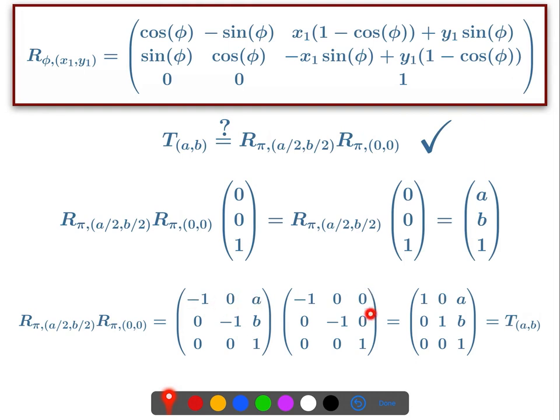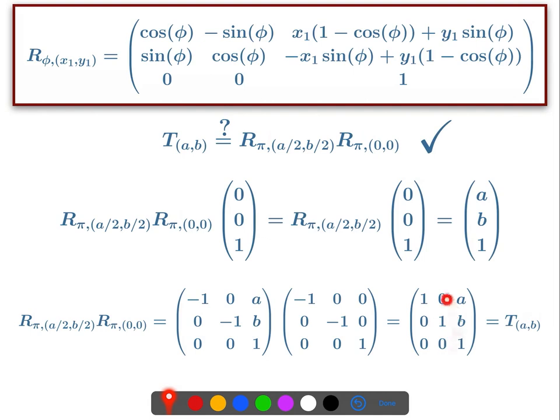Minus 1, 0, a dotted with this, we get zeros because we're multiplying by 0, then a times 1 will give me a. So that's the 1, 0, a. We do the same thing down here, 0, minus 1, b. 0, minus 1, b will give me 0. 0, minus 1, b will give me 1. And 0, minus 1, b here will give me a b. And then 0, 0, 1 will just give you the 0, 0, 1 back like usual.